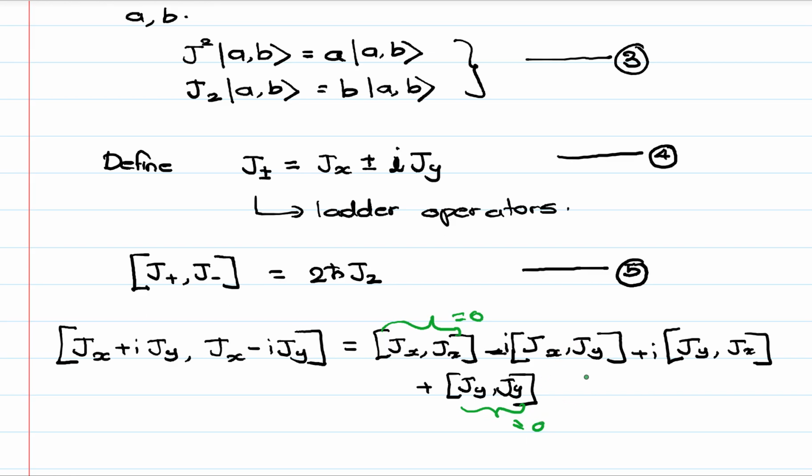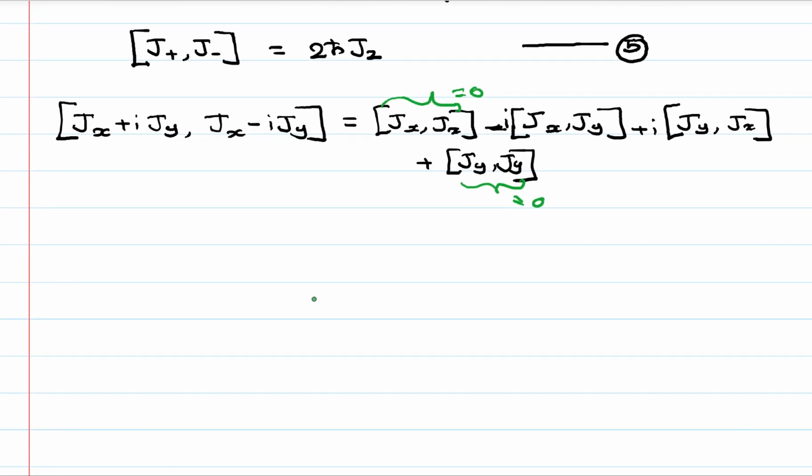So these two we need to have a look at. The first is minus i times the commutator of jx and jy. Another term is i times the commutator of jy and jx, which can be written as minus i times the commutator of jx and jy.